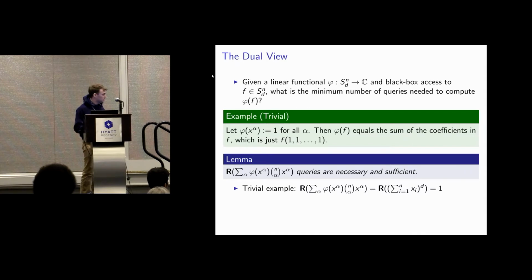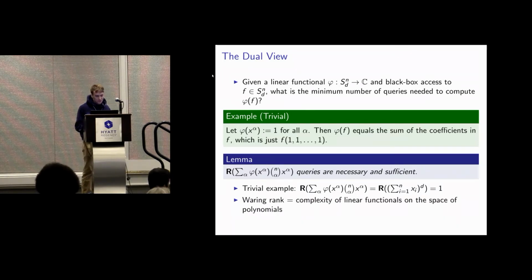And so indeed, if you plug in the linear functional from the trivial example, the polynomial we get is just the dth power of the sum of the variables x1 through xn, which of course has Waring rank 1. So yes, you really just needed one query to do that problem. So for us, Waring rank is a complexity measure of linear functionals on the space of polynomials.